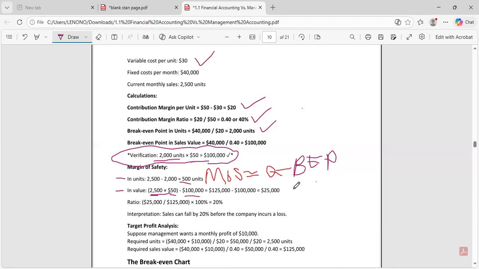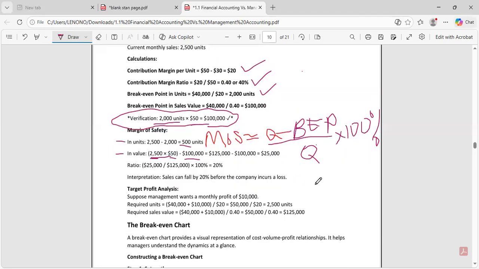So our margin of safety is 25,000. The ratio is this over the sales value multiplied by 100% to find the margin of safety in percentage. Our margin of safety is 20%, so sales can fall by 20% before the company incurs a loss.